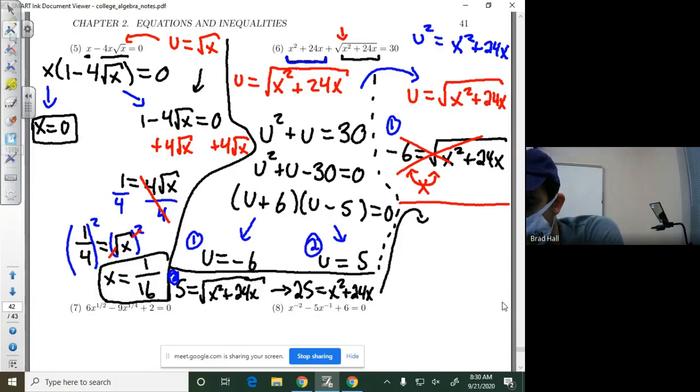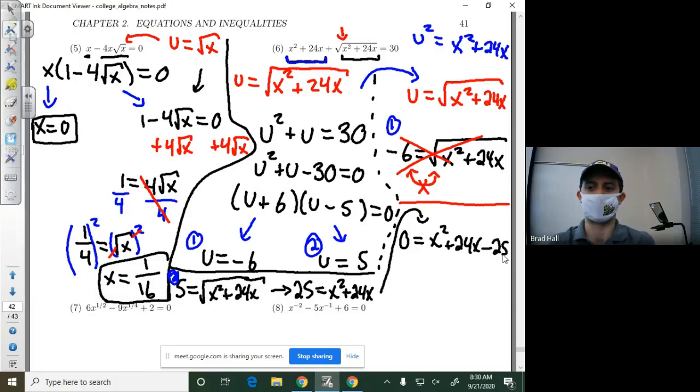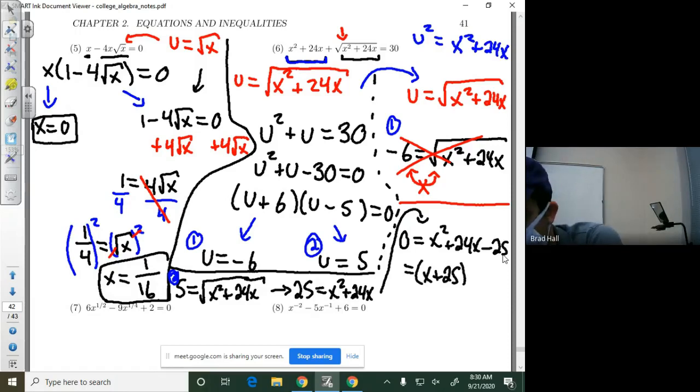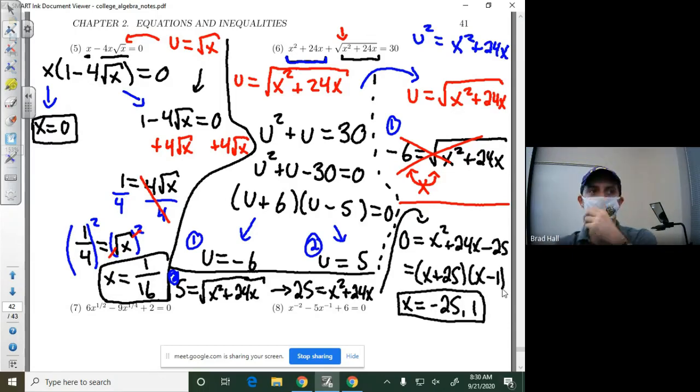And then that gives us 0 is equal to x squared plus 24x minus 25, so it's a quadratic within a quadratic. That means we have to factor this. So this will be x plus 25, x minus 1. And so we get that x is -25 and +1. And we do not need to check these answers, as we got rid of the extra solutions when we found the extra u.